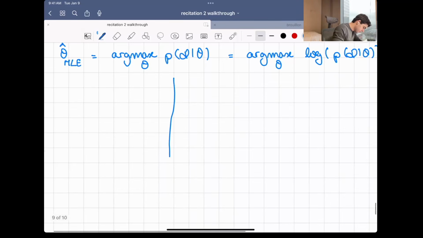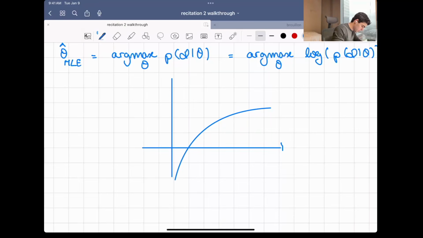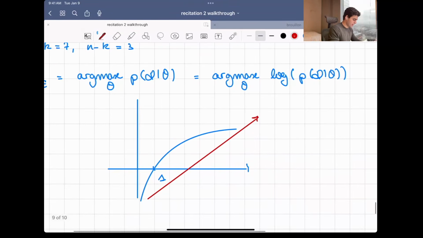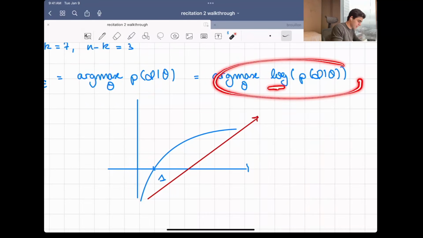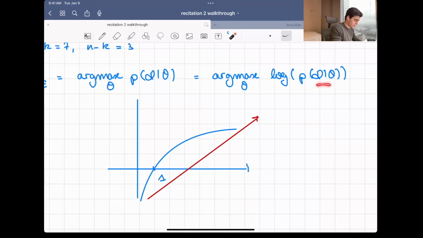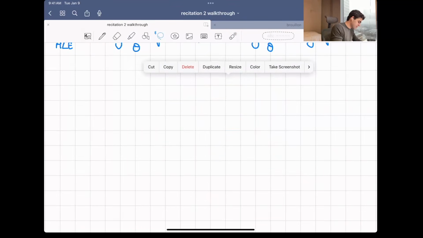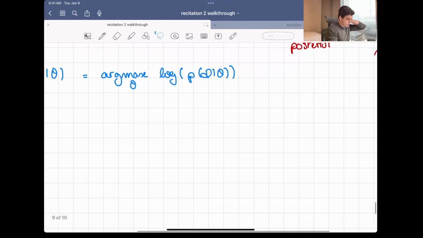Why can we do this? This is the log function, and what's important here is that it's monotonic. So maximizing over a monotonic function is invariant, if you will. The maximum of the likelihood will be the maximum of the log likelihood because log is monotonic, so it's not going to change the maximum theta that we get. And taking the log makes it very computationally convenient to solve these types of problems.